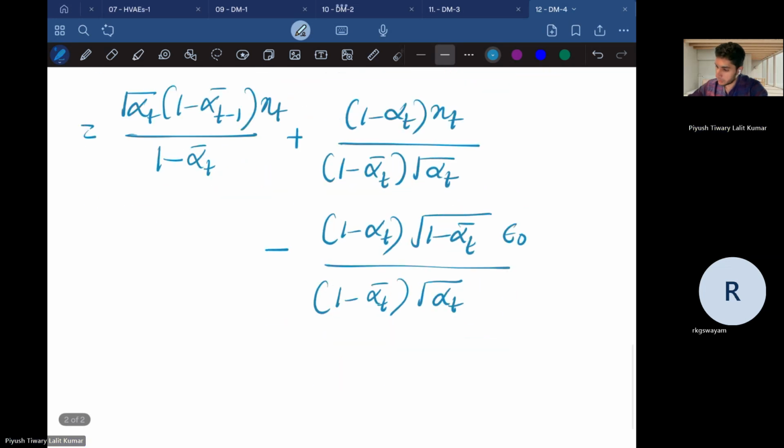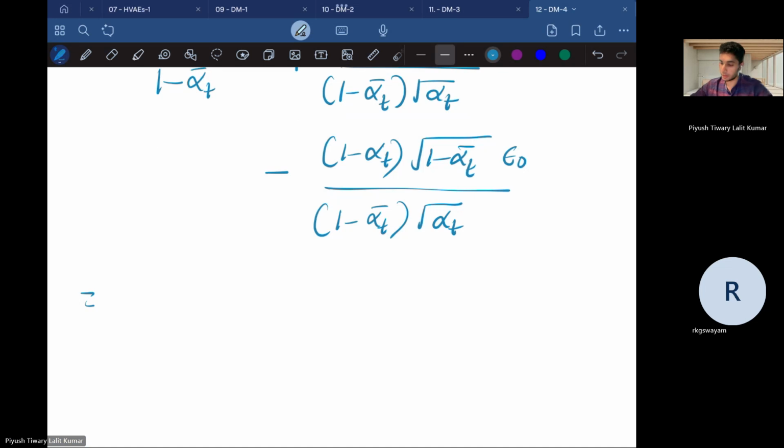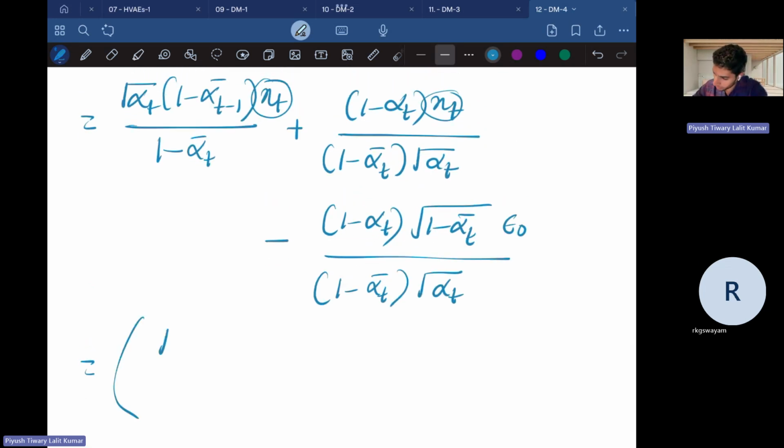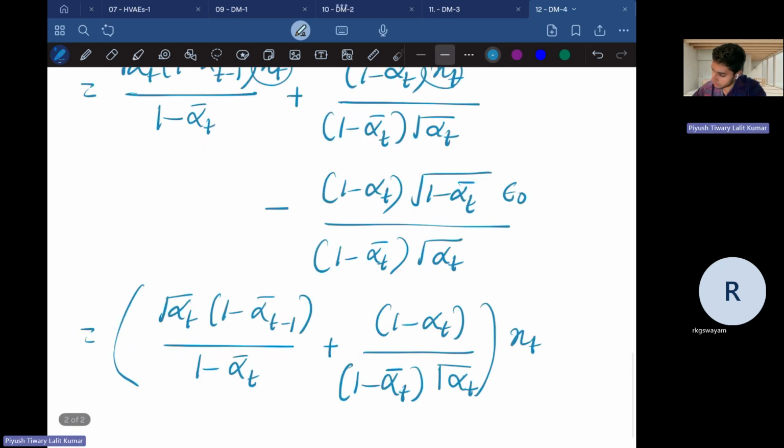Okay, now let's club these xt and xt terms, right? So this will become square root of alpha t 1 minus alpha t minus 1 bar divided by 1 minus alpha t bar plus 1 minus alpha t divided by 1 minus alpha t bar square root of alpha t, whole thing xt, right?